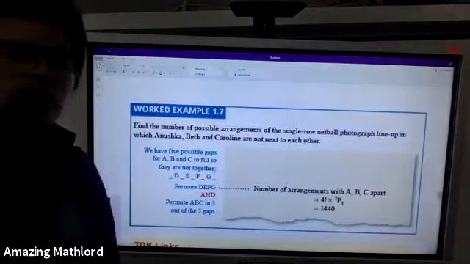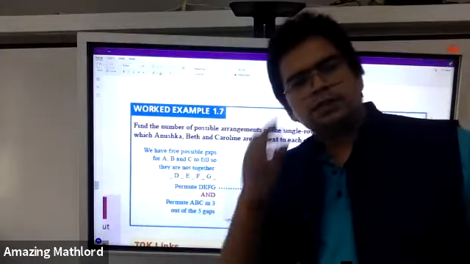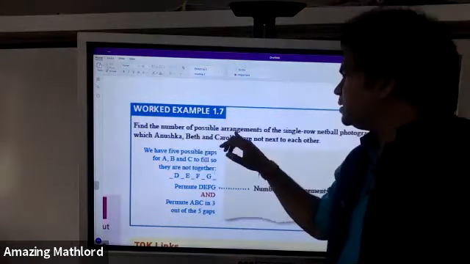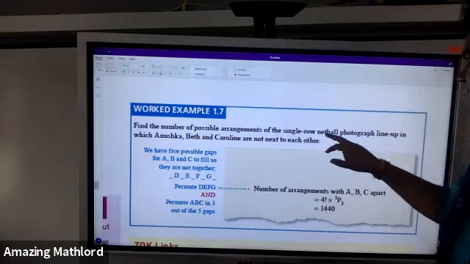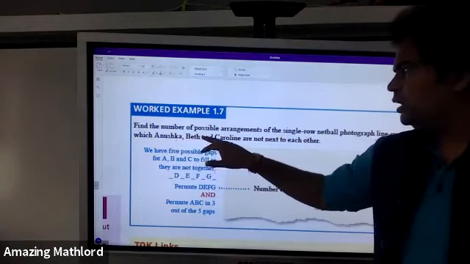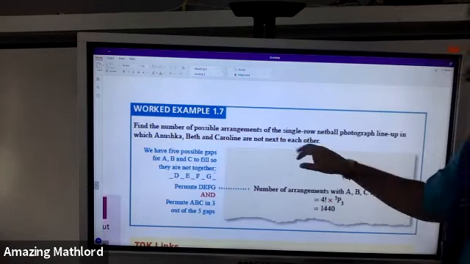I'm going to take one more question here to illustrate the permutation combination counting principle. Find the number of possible arrangements of the single row netball photograph lineup in which Anushka, Beth, and Caroline are not next to each other.